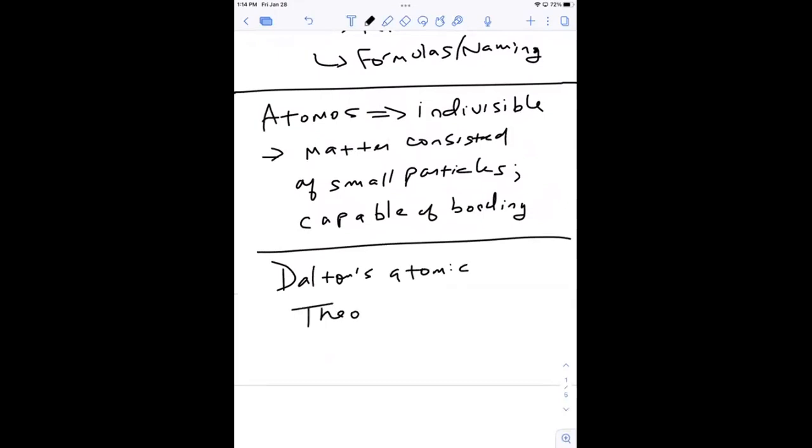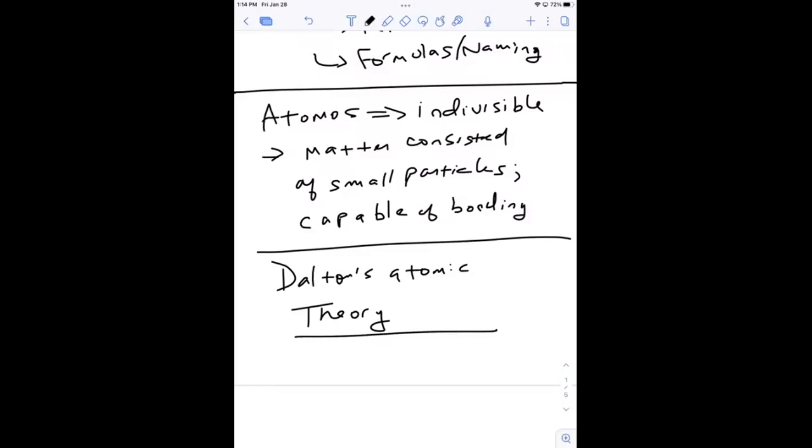And keep in mind, when we say that something is a theory, what do we mean? What does that word mean to you, now that we've studied that in the first chapter? Like a guess? That would be a hypothesis.